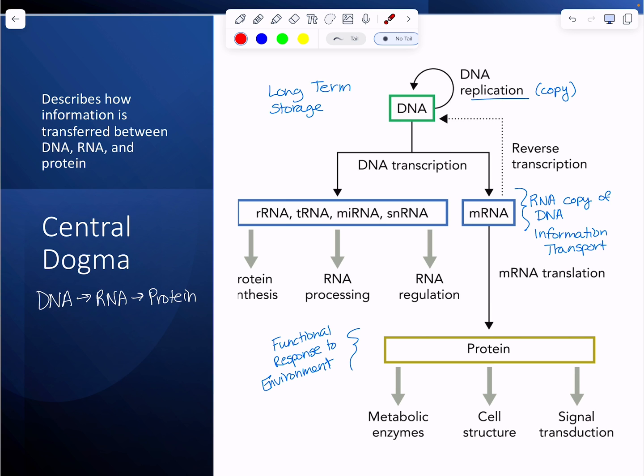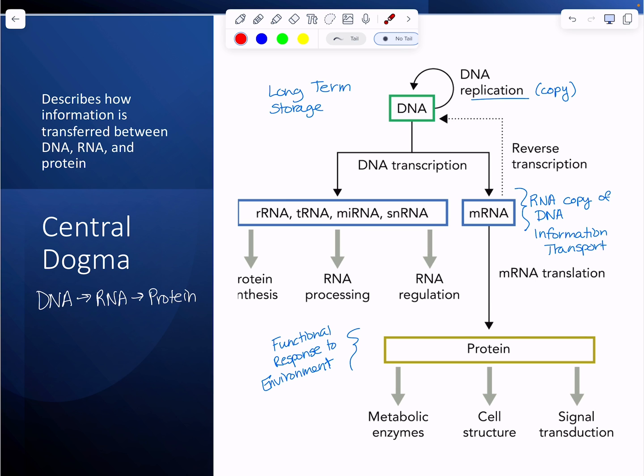COVID-19 is not that kind of virus. It carries different enzymes and has a different mechanism of replicating itself, but it doesn't integrate into your host cells.